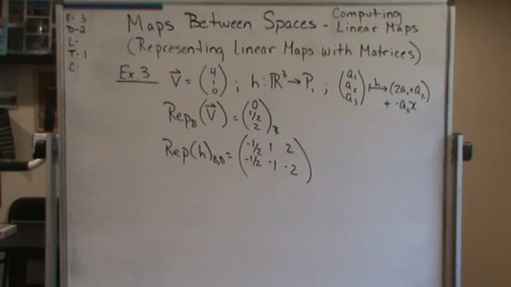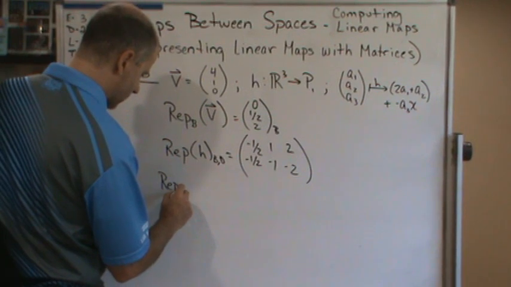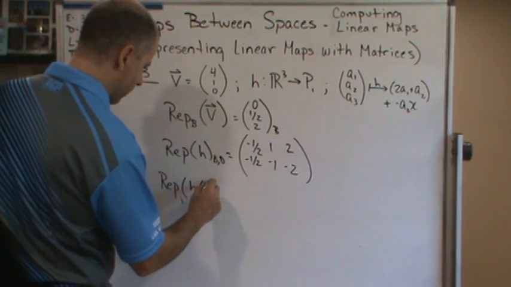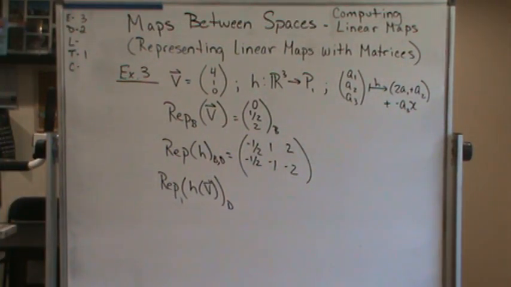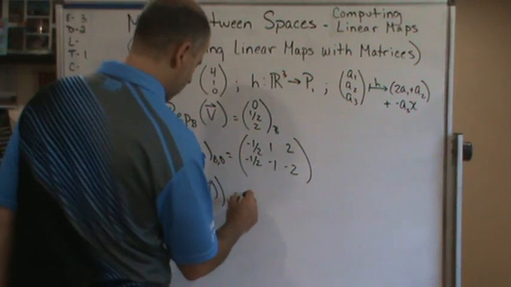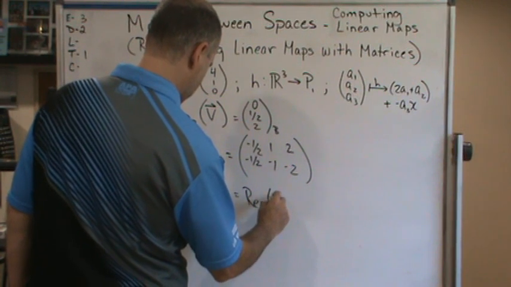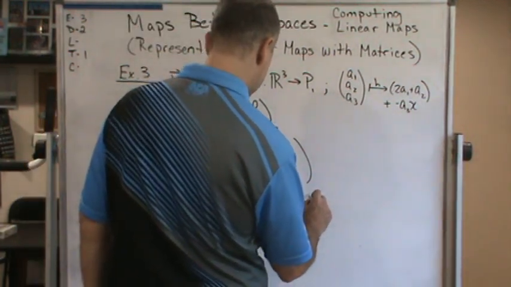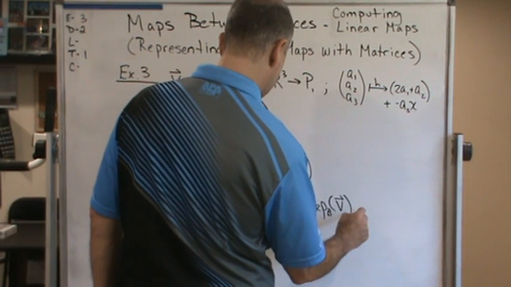And so what we're going to do is multiply these together. So the representation of h of v with respect to D equals the representation of h with respect to B and D times the representation with respect to B of the vector v.